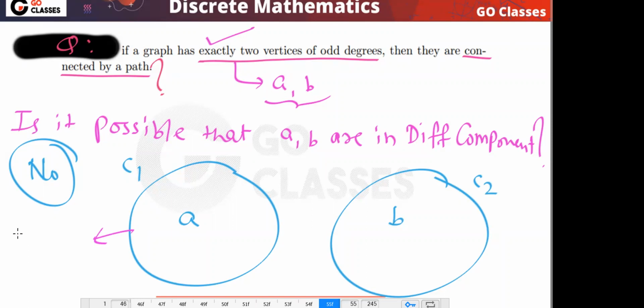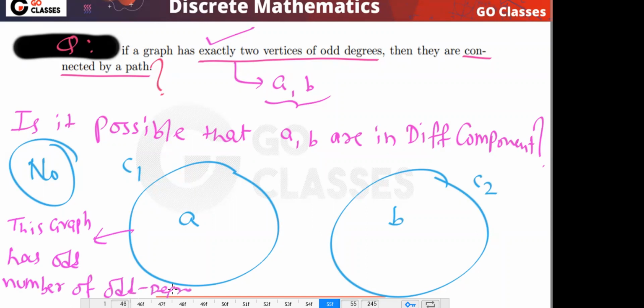Correct or not? And how many odd degree vertices should a graph have?